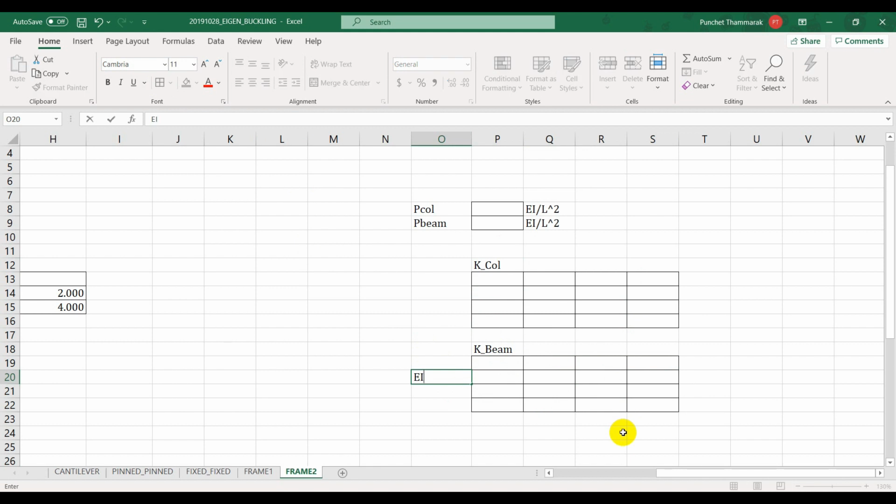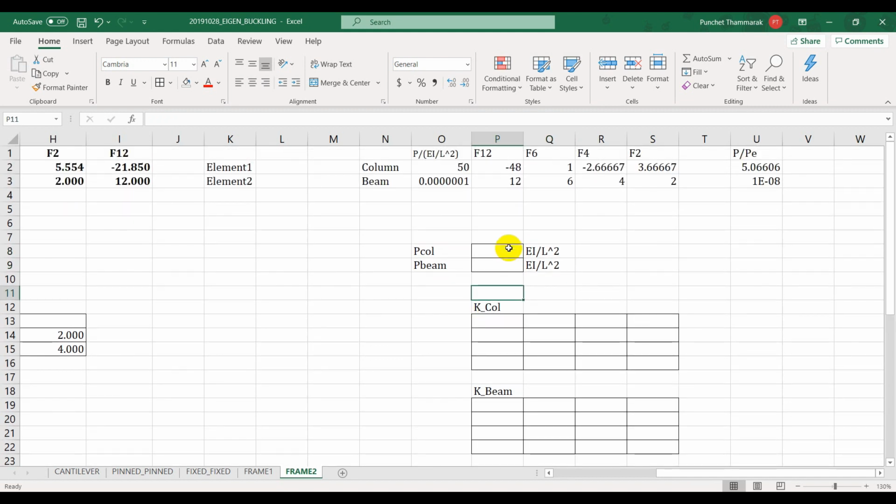Everything will be scaled by EI over L square out there. No. If P is in this scale, then everything will be cancelled out, right? The EI and L will cancel out, and you will keep just the number.